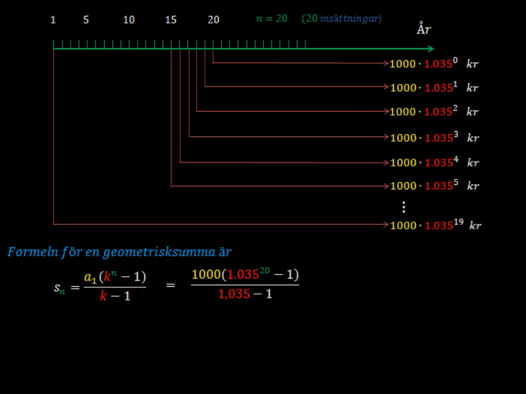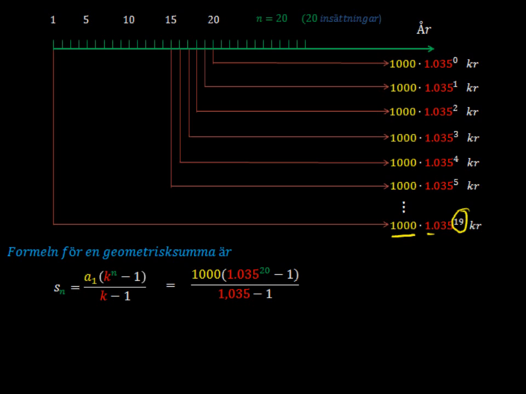Some people, when they see this, want to say n is 19, and that would be wrong. It's 20 times that we put money into the bank. And being that he started off at year 1 and goes until he turns 20, the original round had 19 years to grow at that rate.